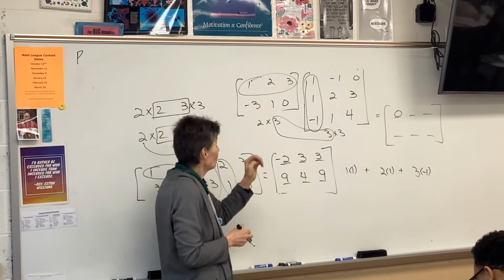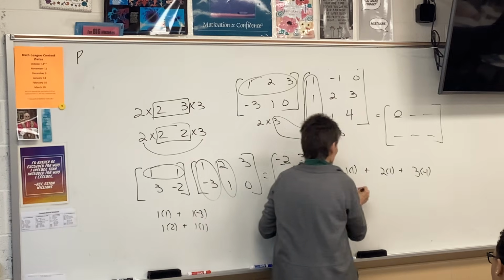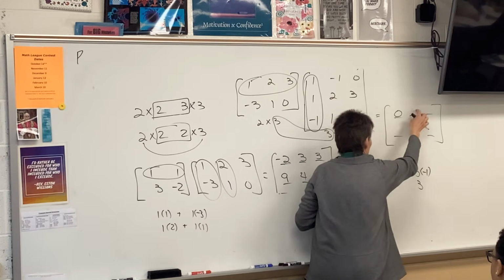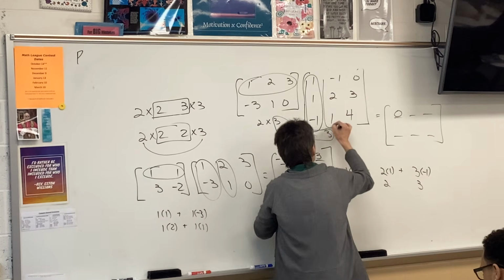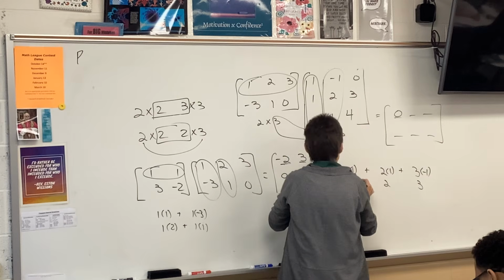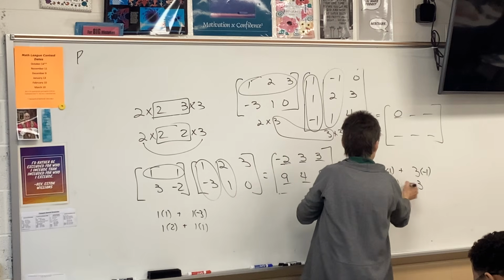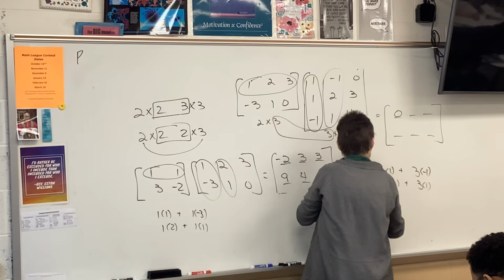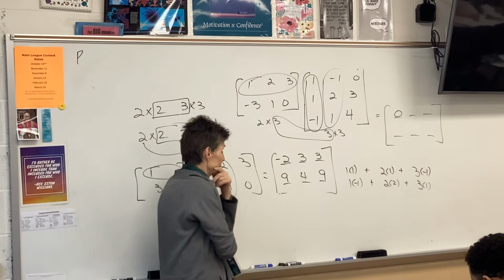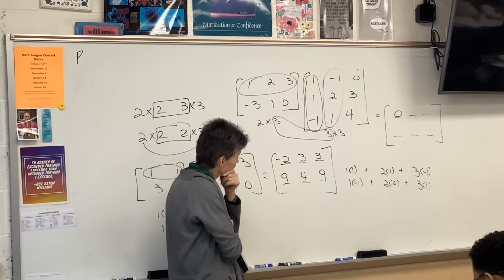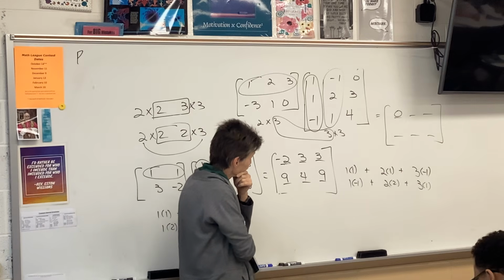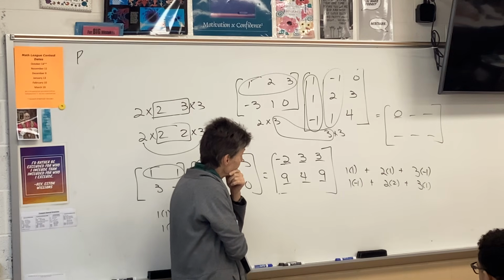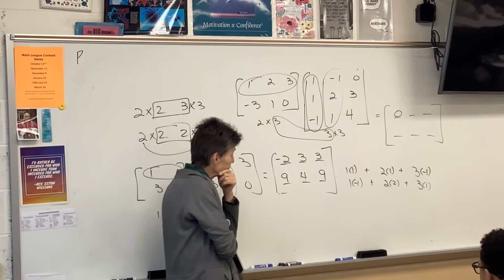Now we're sticking with row 1, but we're doing column 2. Did you get 6?